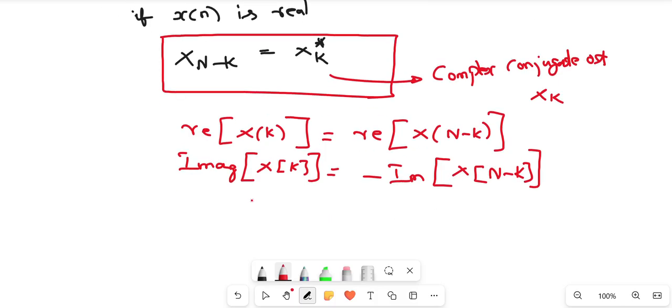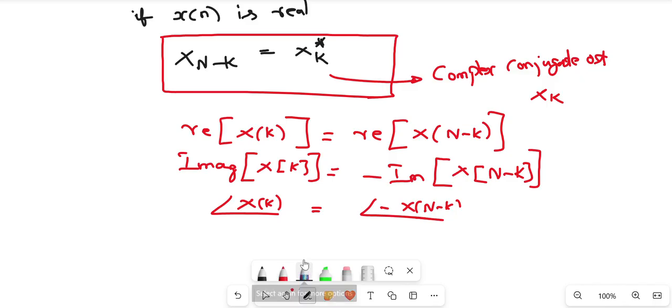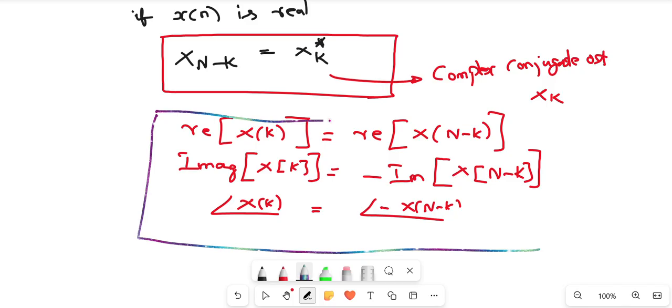Okay, the phase of X of k is equal to minus the phase of X of N minus k. So remember the symmetry property, which will be useful when you compute a higher N-point computation.